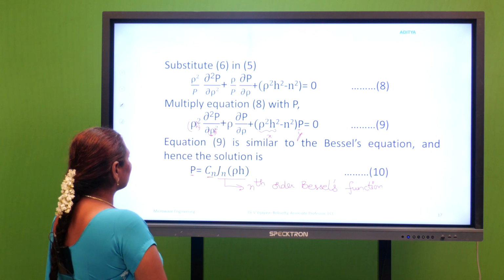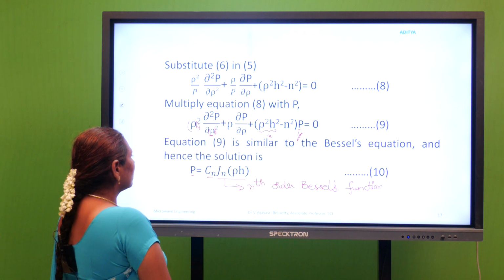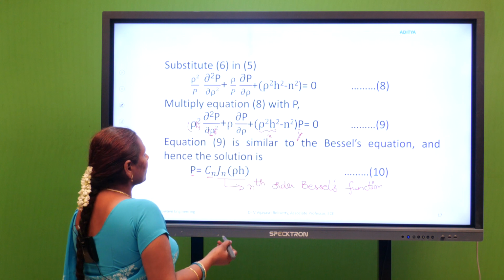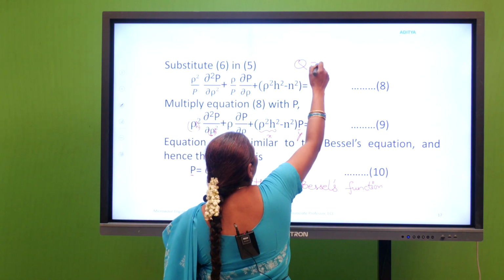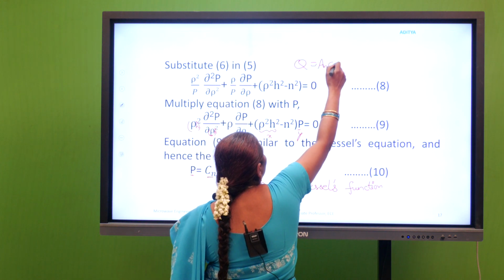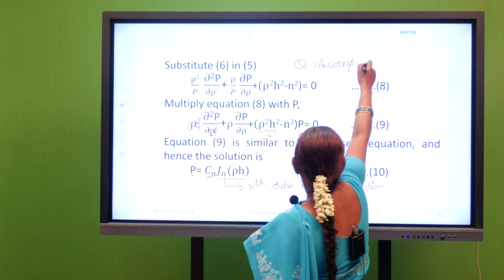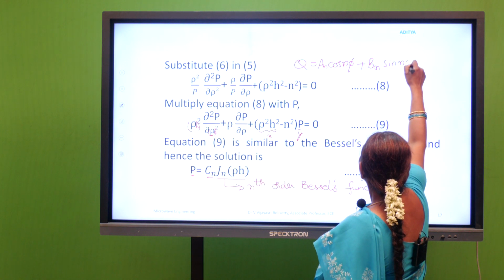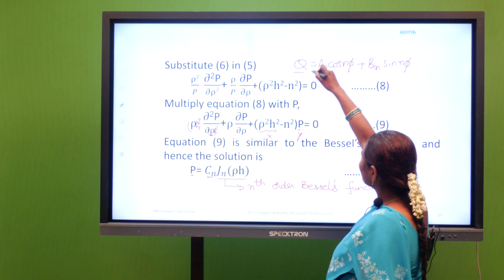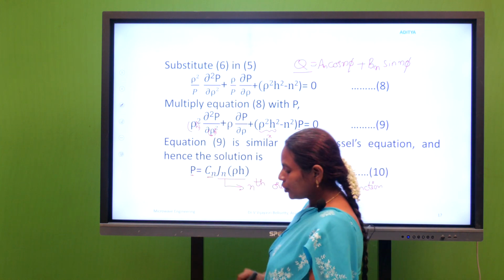Already we got the solution for Q, that is the 7th equation: Q is equal to An cos n phi plus Bn sin n phi. So we got the solution for Q, and here we got the solution for P.